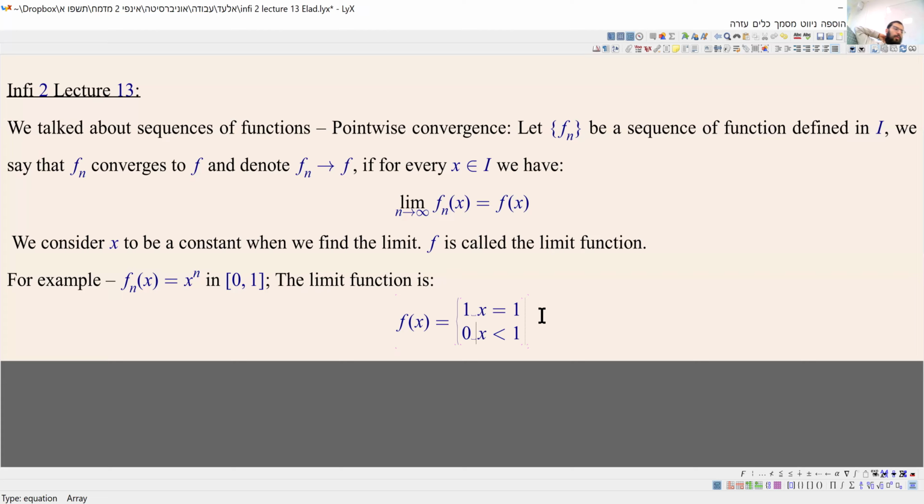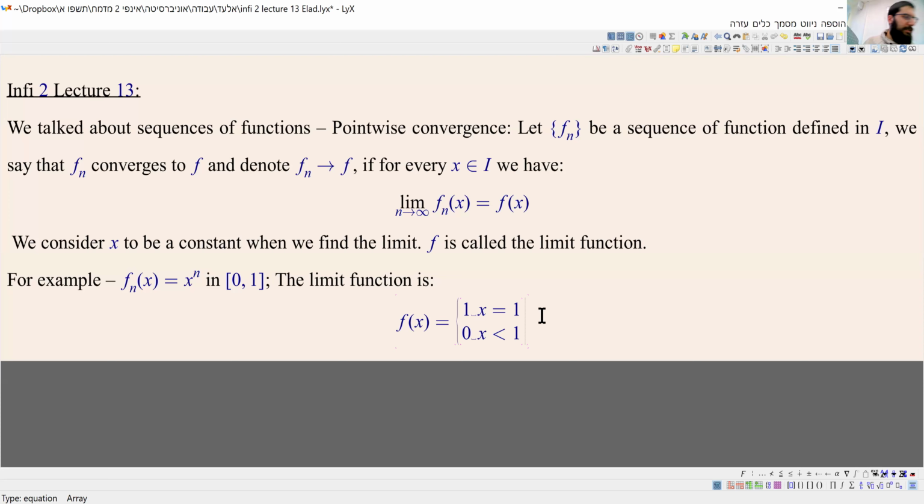So what are we going to do today? We're going to define a different, stronger notion of convergence, which is called uniform convergence. And then we talk about how do we actually find it, some equivalent conditions to this uniform convergence. What does it mean, geometrically speaking?